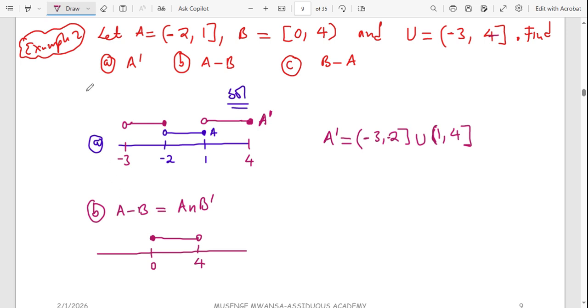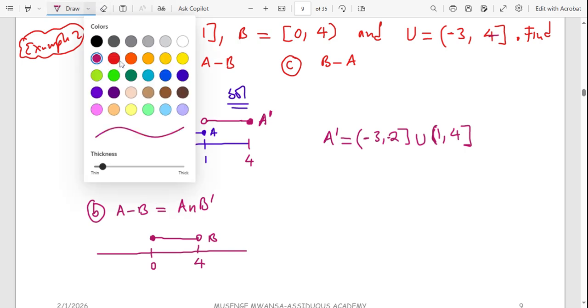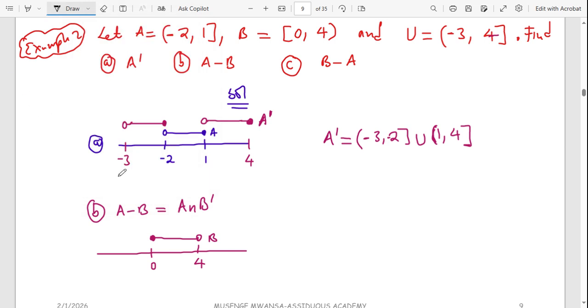Our set B complement, since 4 is not being included in B, it will be outside B. So I'll put a dot there. Since 0 is included in B, it will not be outside B. So I'll put an open circle. Remember, I'll be going to the left. We'll only reach up to -3 because we can't go beyond the inverse set. And we are opening because -3 is not part of the inverse set.